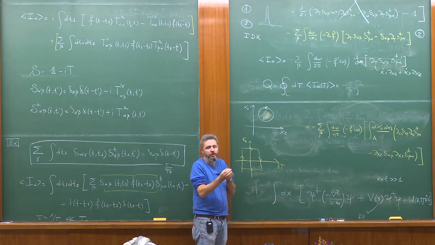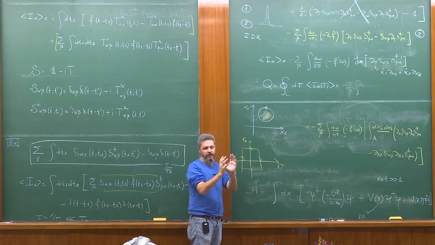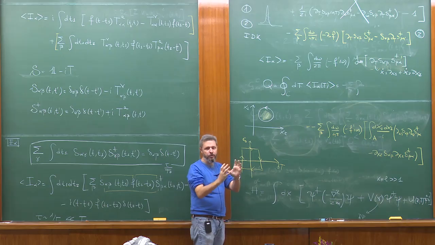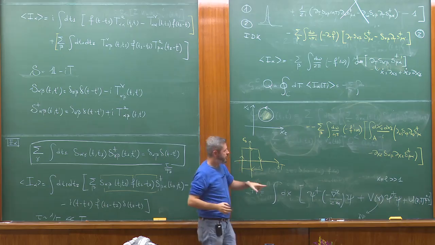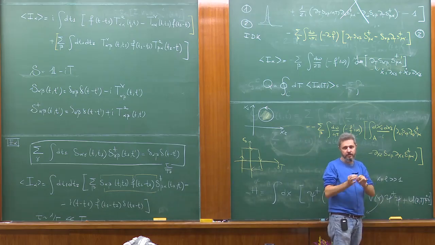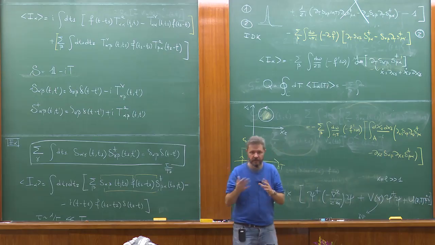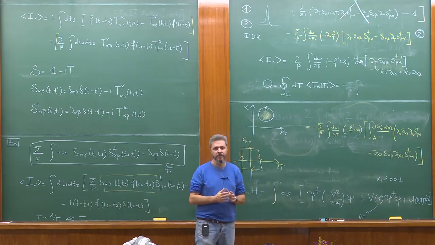It's going to be important where your contour is placed, depending on whether these objects have singularities in certain positions in space. In this case, they turn out not to have anything special, right?